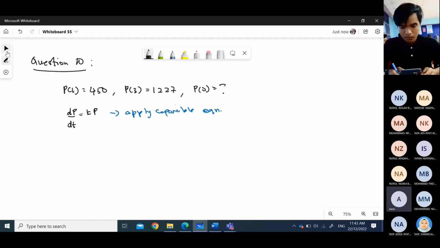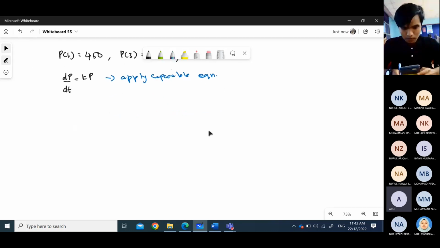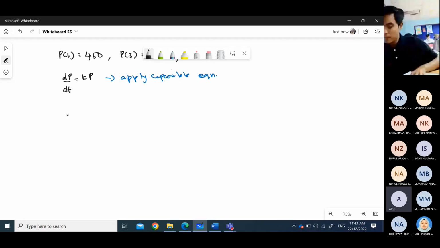We have two steps. The first step, we need to separate for P and T. Okay, so we separate for P and T. And then integrate both sides.